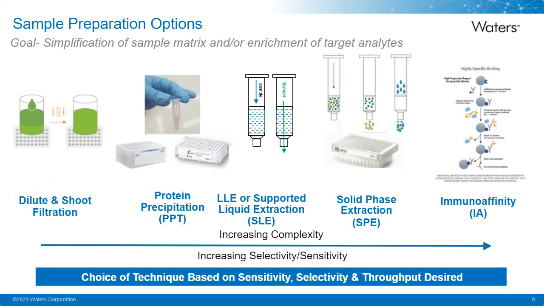We see a number of methods here from the left to the right. Basically, we're going from the simple, inexpensive, and easy to a bit more expensive, more complex, but also much more selective and specific.